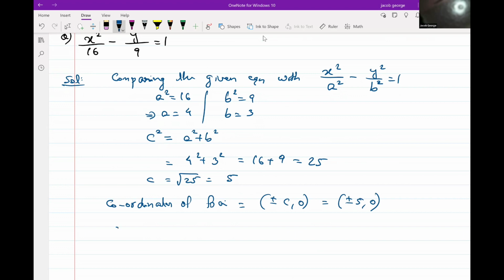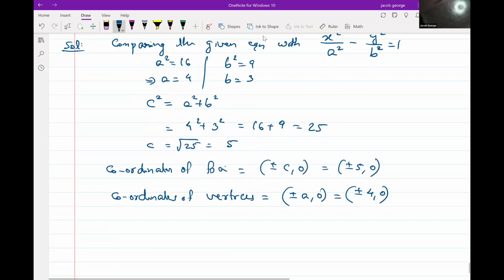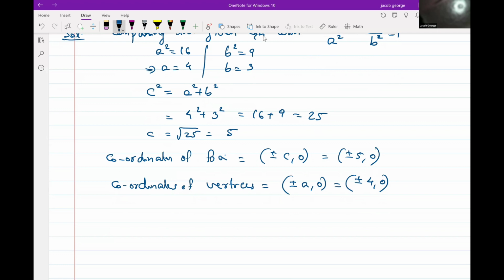Next, coordinates of vertices. Coordinates of vertices are plus or minus a, 0, so that comes plus or minus 4, 0.